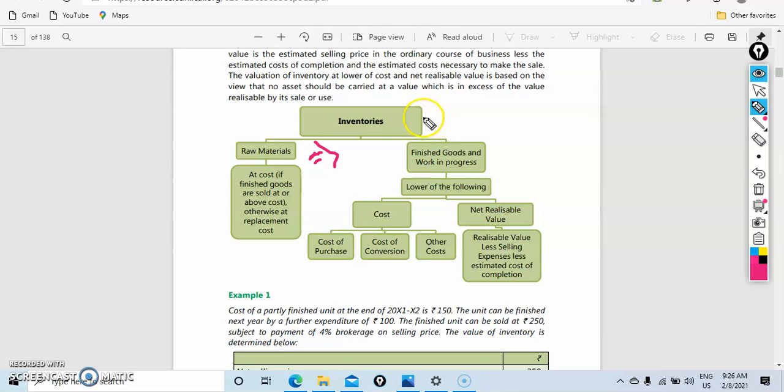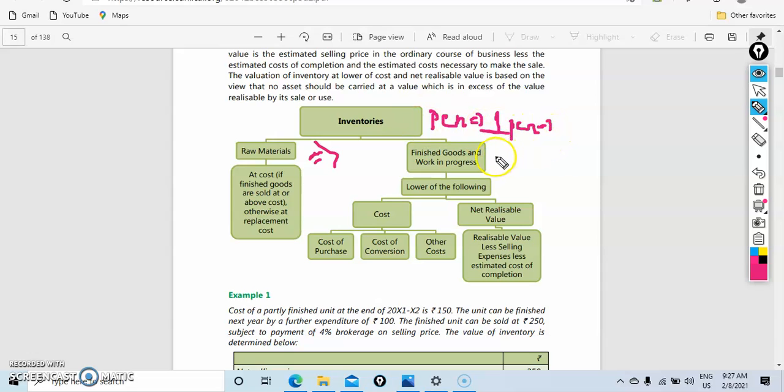Another type of question is this. Suppose there is a pen. They will not give the full pen cost.